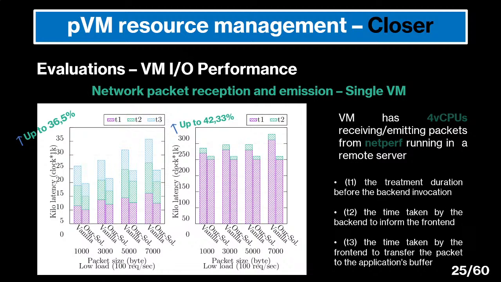To measure the improvement for network packet reception and emission, we did an experiment where inside the virtual machine we run netperf with different packet sizes and constant load, and we observed that with our mechanism we improve network reception and emission by 36 and 42% respectively, and most of the gain comes from the backend that is doing all its processing on the same NUMA node as that of the target virtual machine.